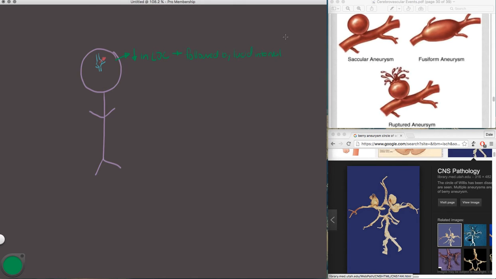So we think about why that's going to happen is we have bursting or rupture of one of these aneurysms, and that's going to allow for a large amount of blood to start exiting the aneurysm. So if we kind of draw that out further, we have our circle of Willis, our internal carotids here.